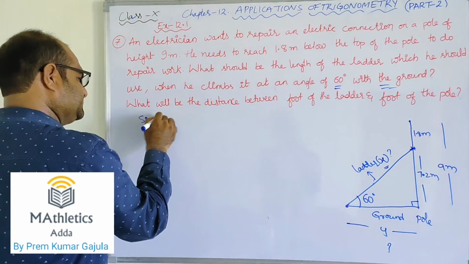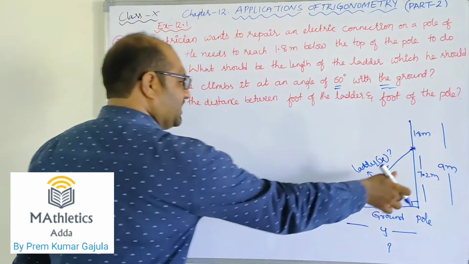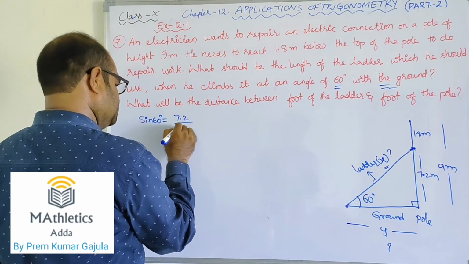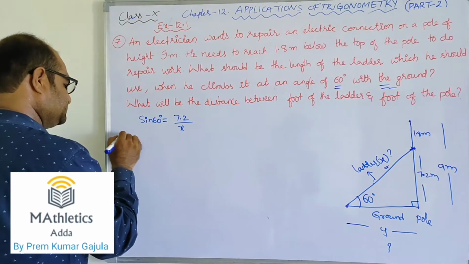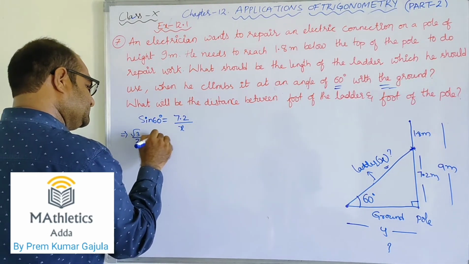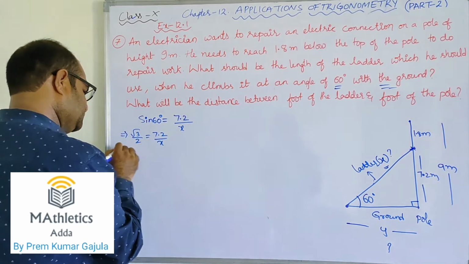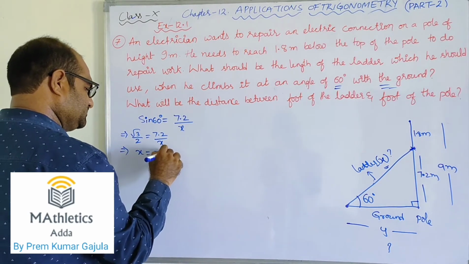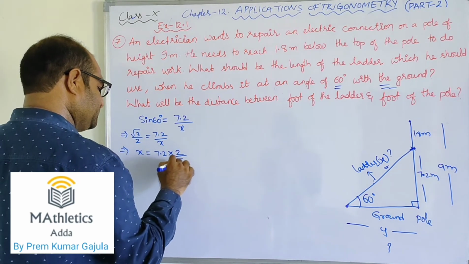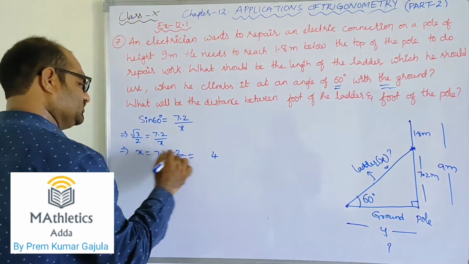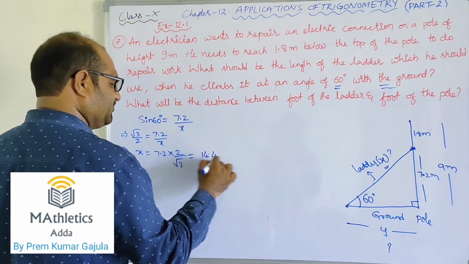So sine 60 is opposite by hypotenuse, that is 7.2 by ladder length, that is x. Sine 60 we know is root 3 by 2, that is equal to 7.2 by x. If you cross multiply, x is 7.2 into 2 by root 3, this becomes reciprocal. 2 2s are 4, 2 7s are 14, so 14.4.